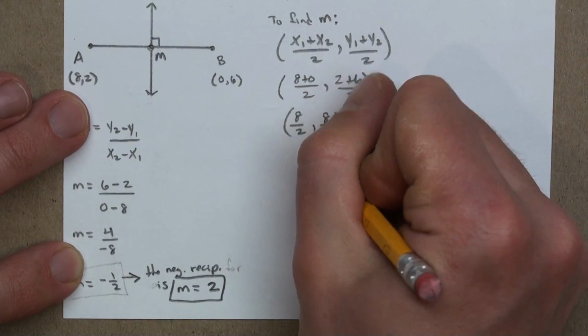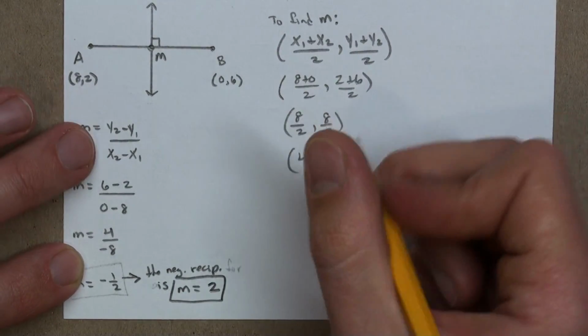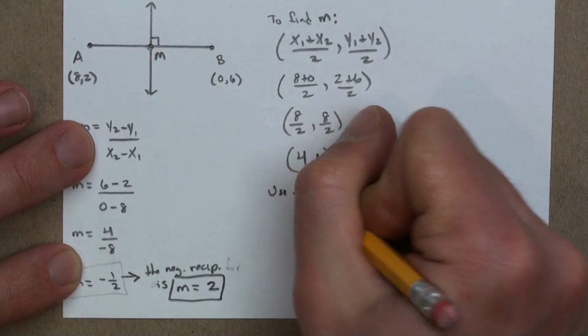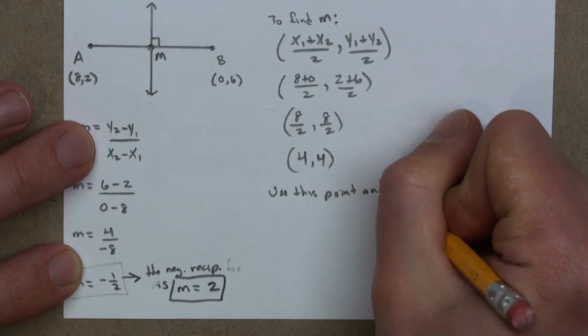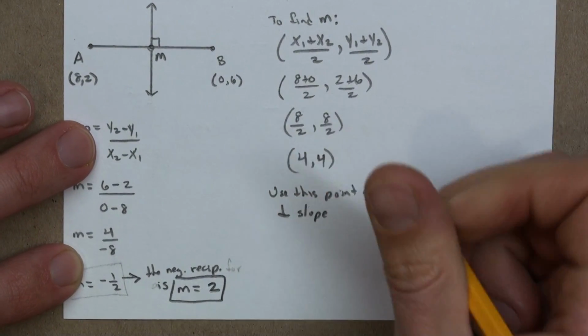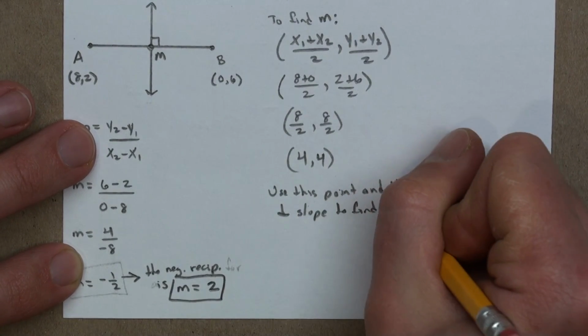It's (4, 4). All right. Now we can use this point and the perpendicular slope to find b.